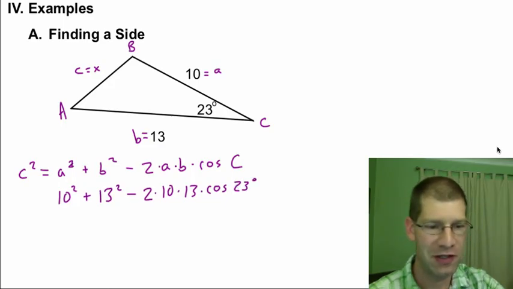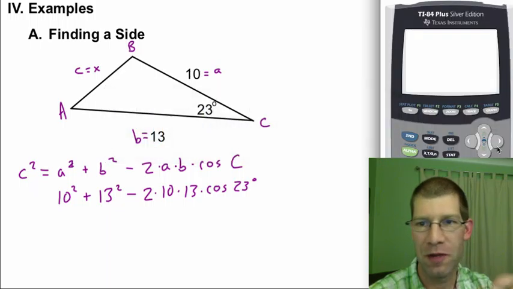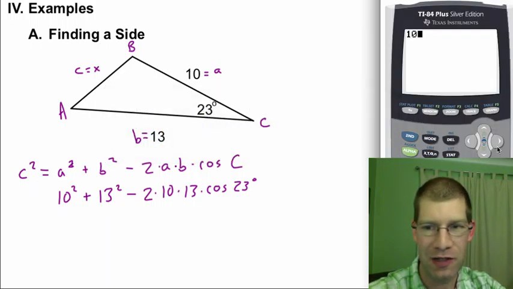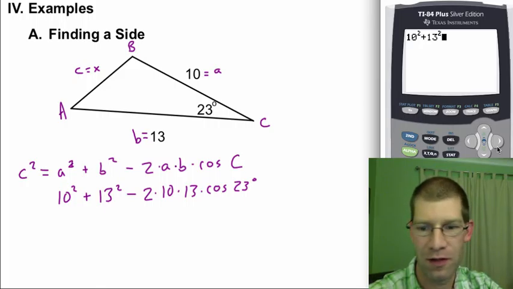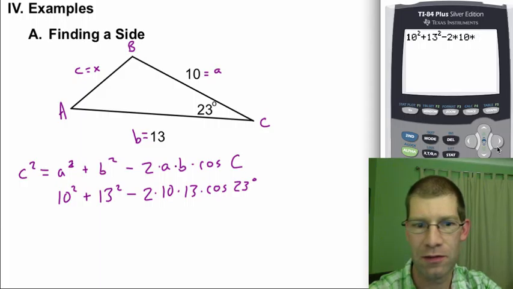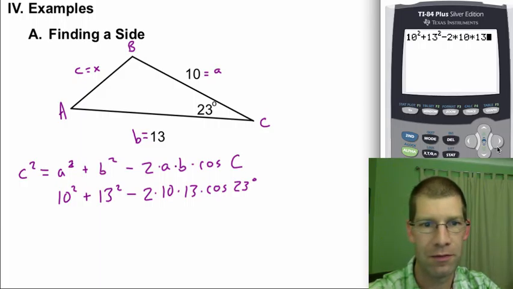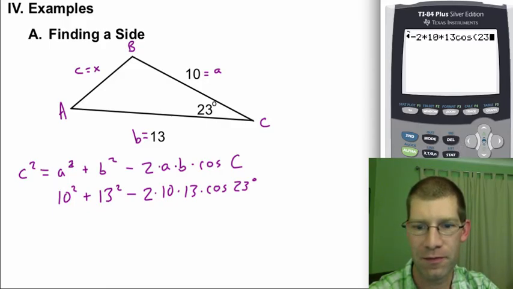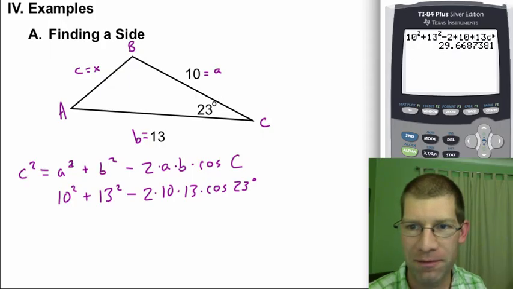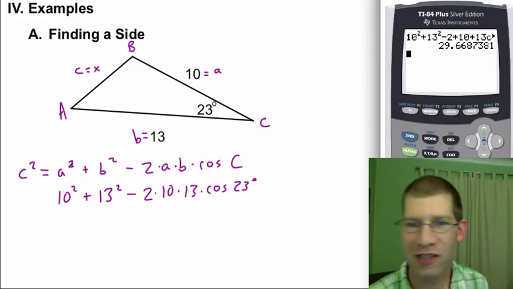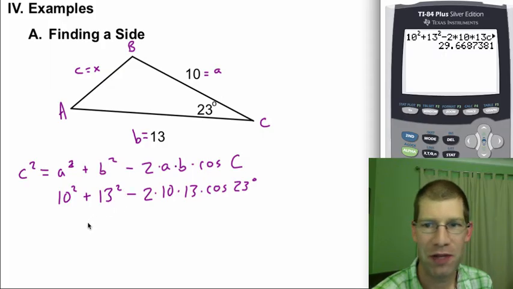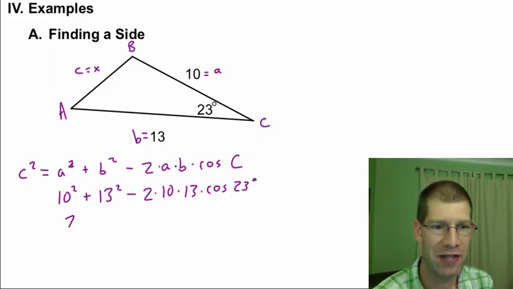So if I go through and punch this into my calculator, make sure you're still in radian mode, but now I could say I have 10 squared plus 13 squared minus 2 times 10 times 13, and then cosine 23 degrees. If I punch all that in, I come up with 29.7, I'll say that.